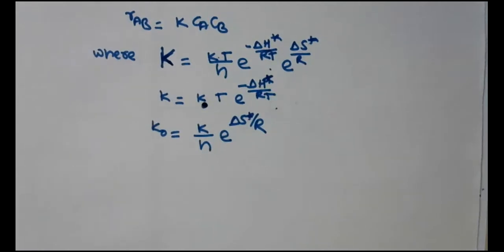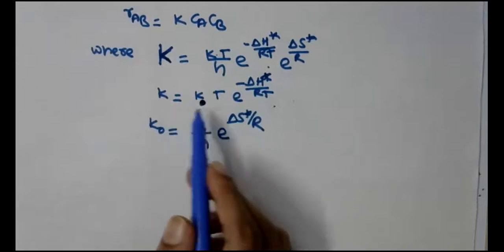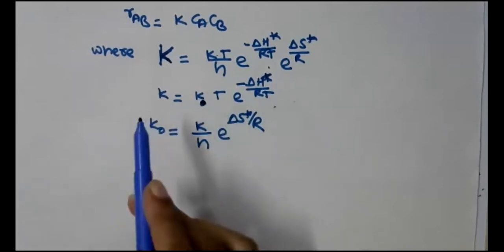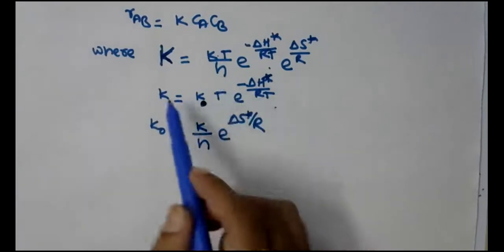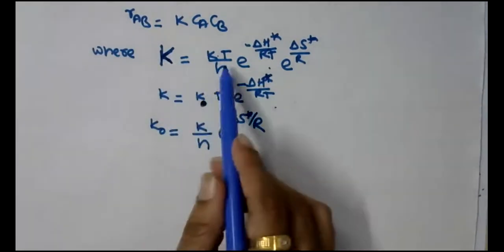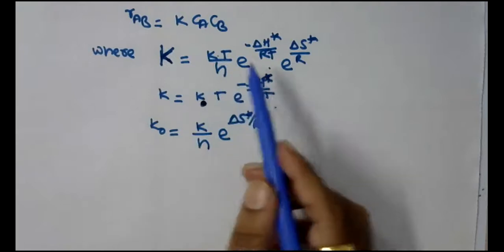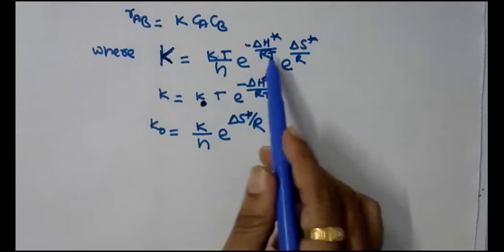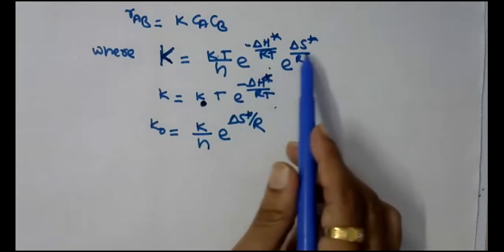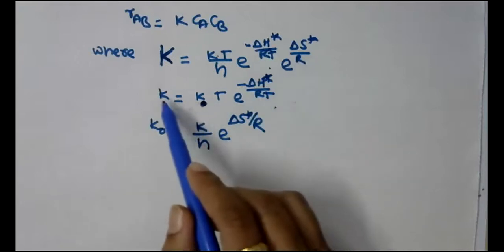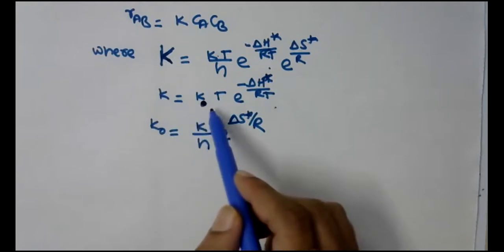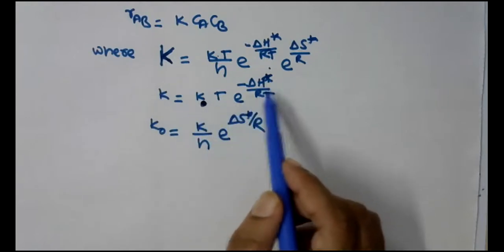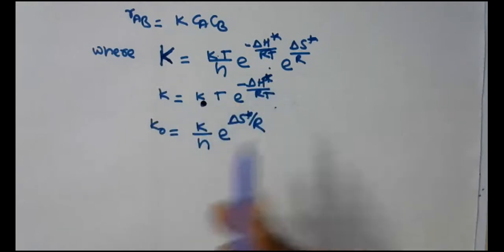So after this simplification, in the earlier equation, in place of K equal to KT upon H e raised to minus delta H star upon RT into e raised to delta S star by R, we'll substitute the term which we have replaced as K0 T e raised to minus delta H star upon RT.